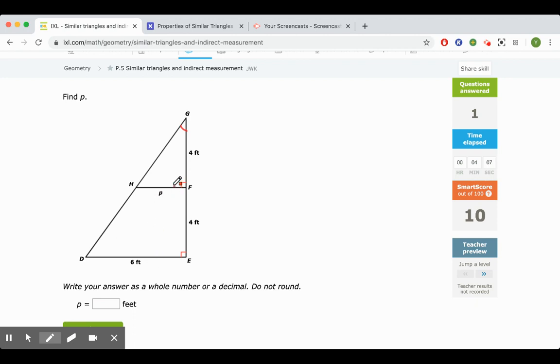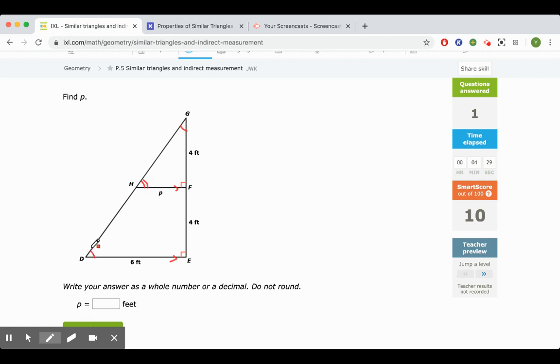I'm going to put that mark right here. Now, these parallel sides are cut by this transversal. So you also get some corresponding angles here, this one and this one. Now, since these sides are parallel, these will be congruent as well.